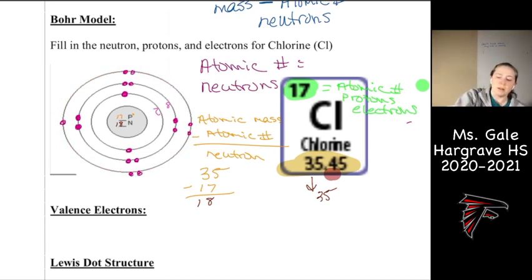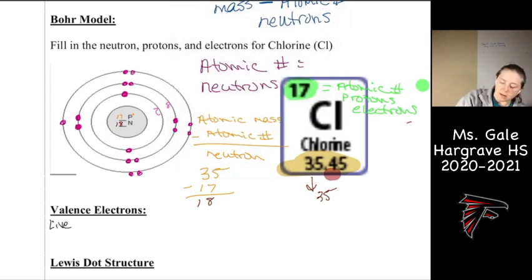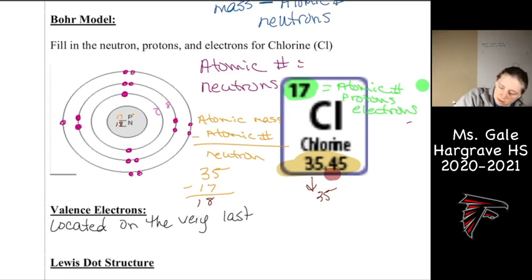So right down here, I'm going to write: my valence electrons are located on the very last energy shell of an element.